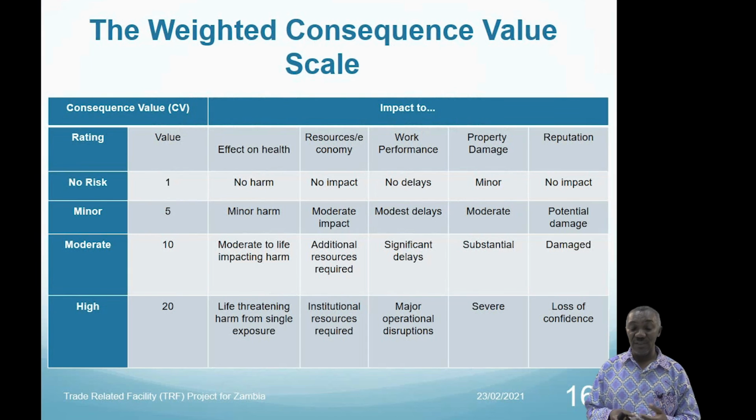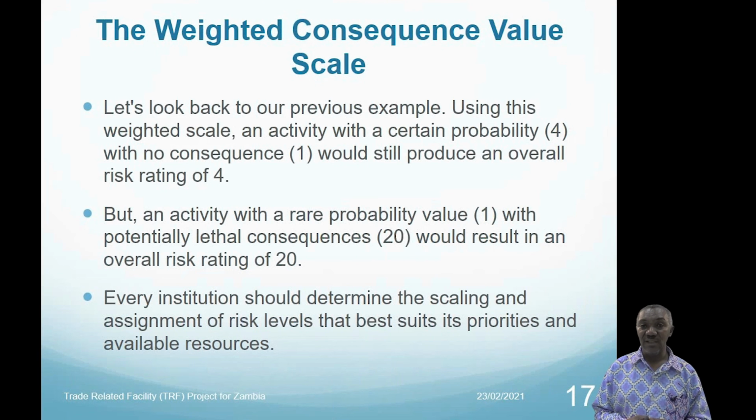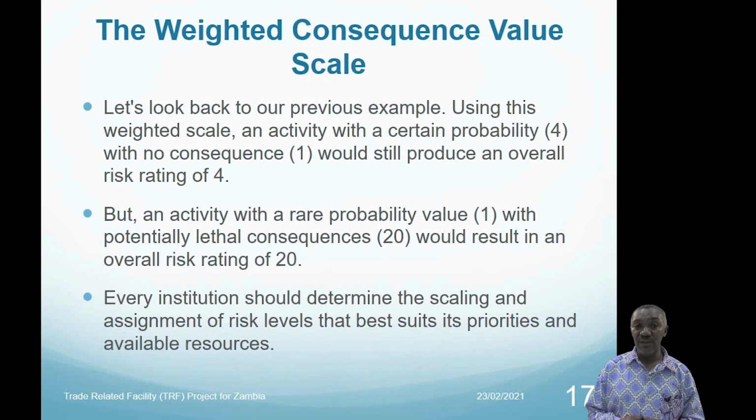So you see that we have weighted the risk, not just using the linear scale. Now let us go back and estimate the same thing that we did for brucellosis, in the case of the weighted consequence values.